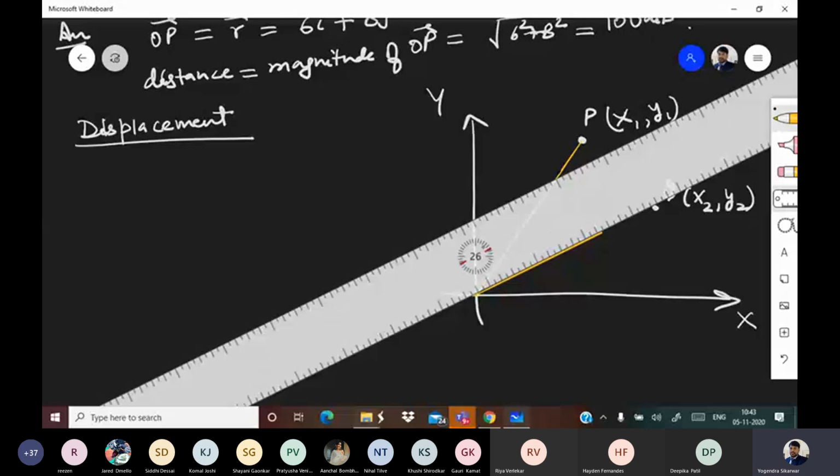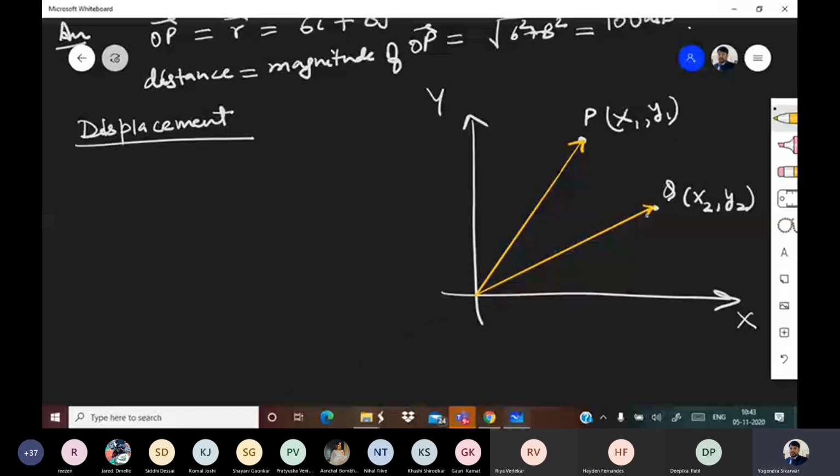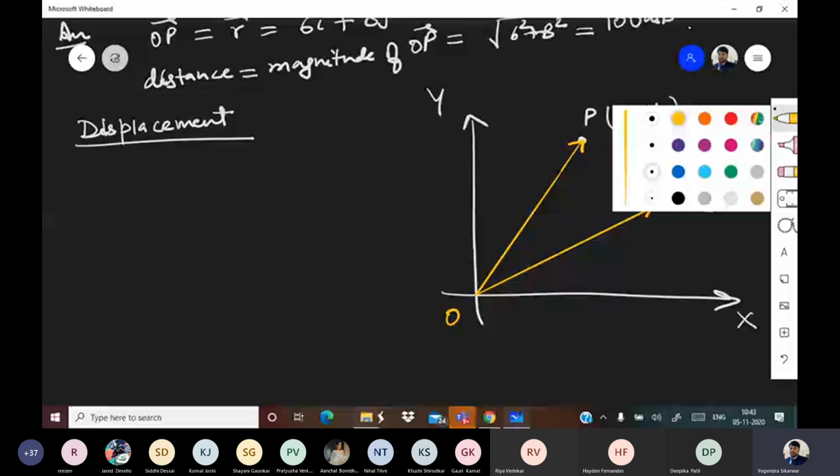Final position vector is the OQ vector. So this is O, this is this. So an object, let me write it in words also so that it will be helpful for you to note.